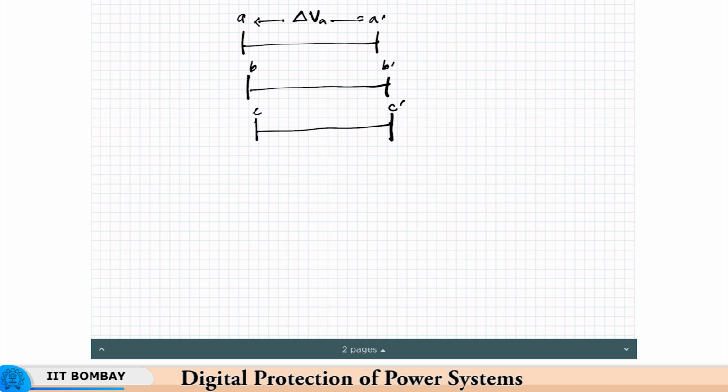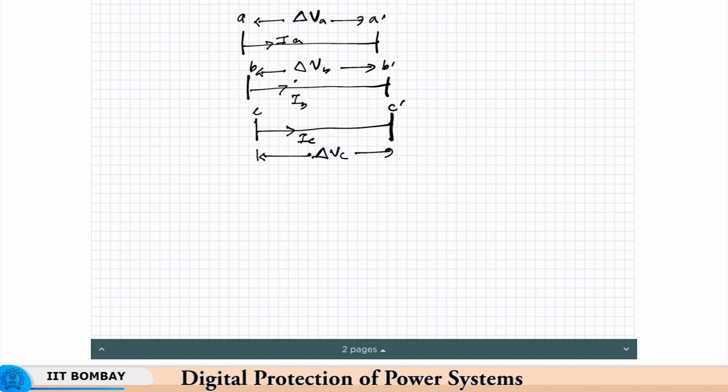So, across the A phase it is delta VA, across the B phase delta VB, and across the C phase it is delta VC, and the respective currents are IA, IB, and IC.